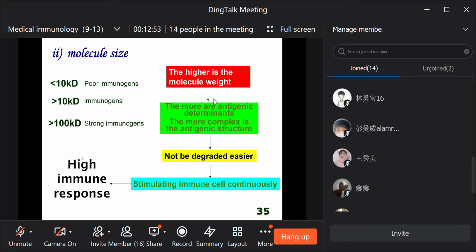The higher the size, the more molecular weight, and the more antigenic determinants, the more complex the antigenic structure.